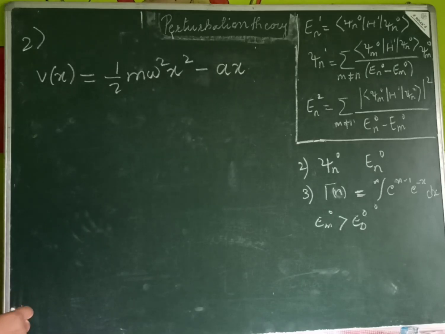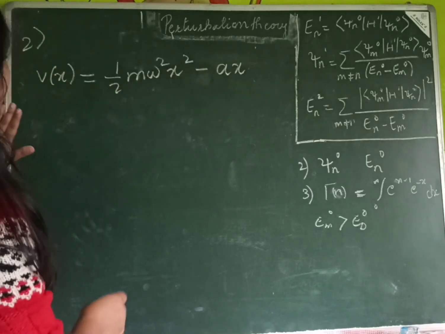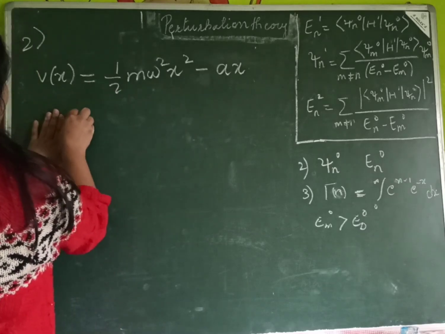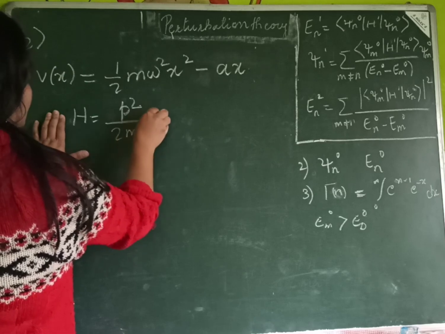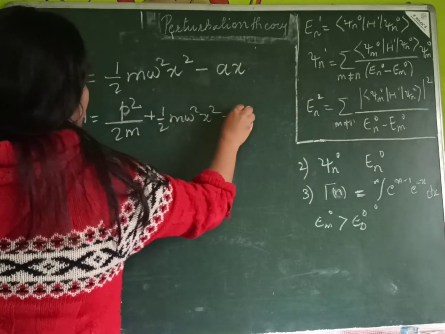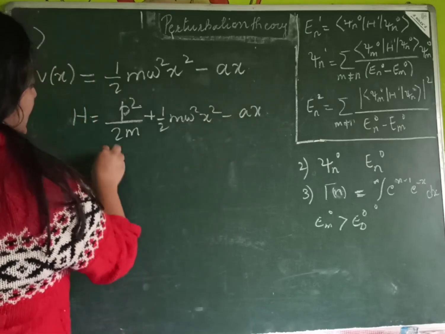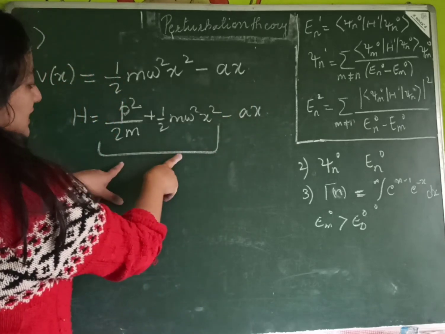What do I understand from this? What is the perturbation? This is half m omega squared x squared minus a x, and the first part is something we already know, that is your harmonic oscillator.